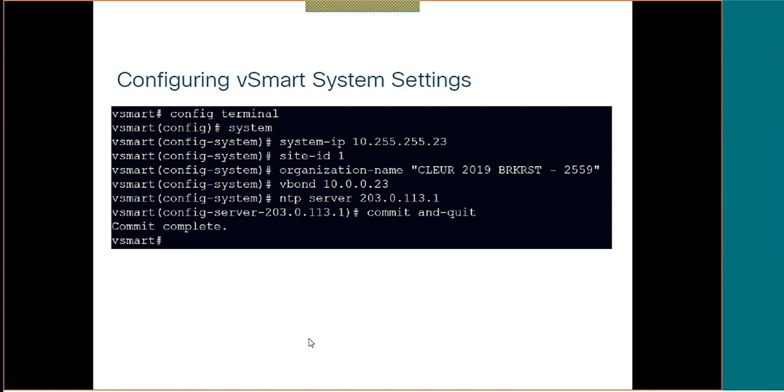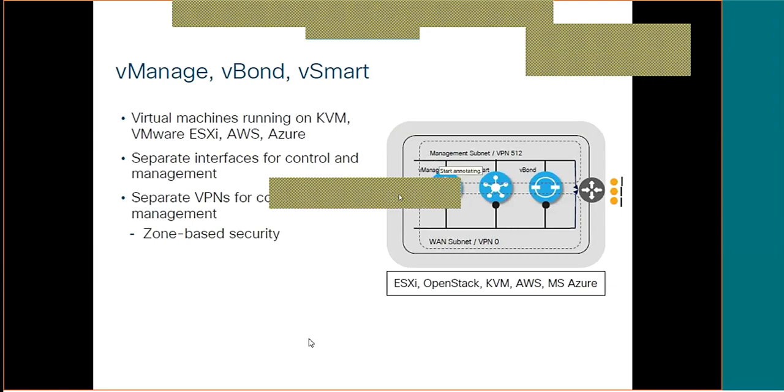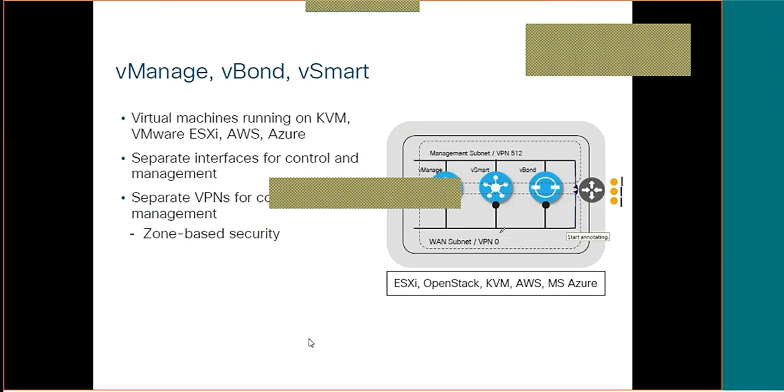We deploy the VM, and the VMs are initialized with two NIC interfaces. Each NIC will be with VPN 0 and VPN 512 configuration and unique configuration under the system. So as a picture, you can see here: VM1, VM2, VM3.